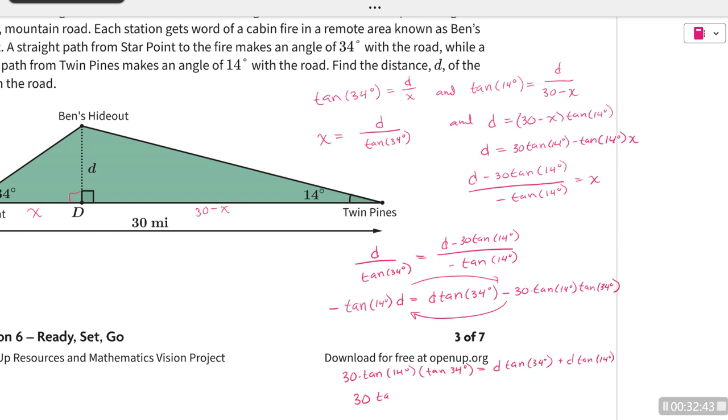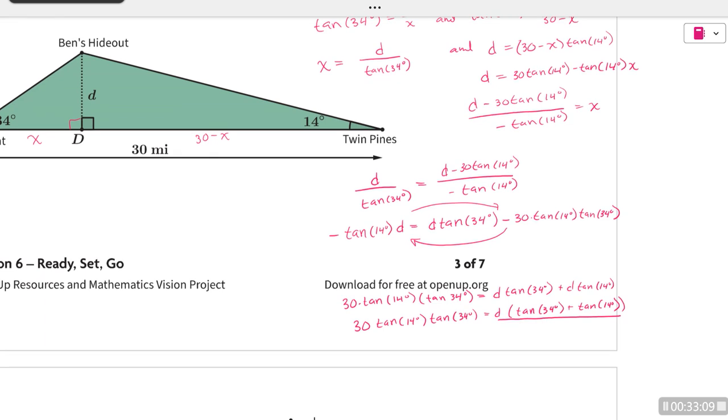So 30 tan of 14 degrees times tan of 34 degrees equals d times tan of 34 plus tan of 14. And if I really wanted to, I could use some properties to combine these tangents.